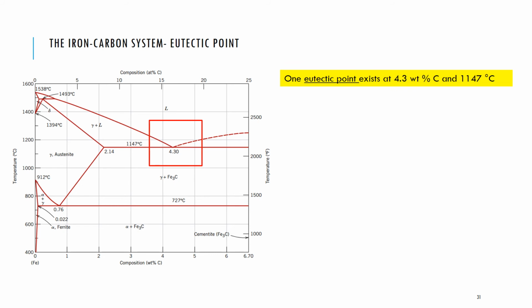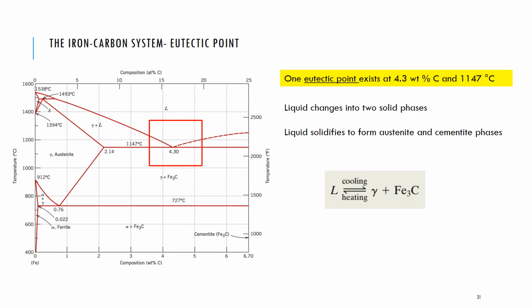You'll notice that there is a eutectic point on that phase diagram. It happens at 4.3 weight% carbon and 1147 degrees Celsius. And here a liquid changes into two solid phases. So liquid iron changes into austenite and a cementite phase.